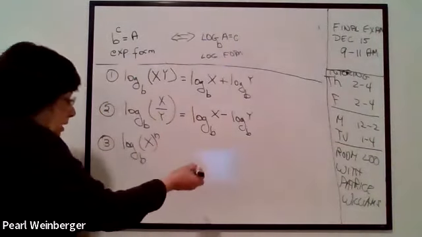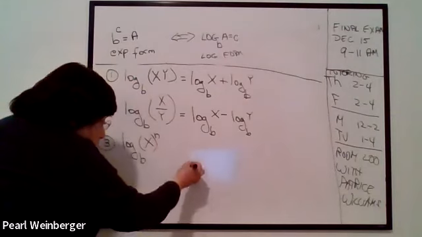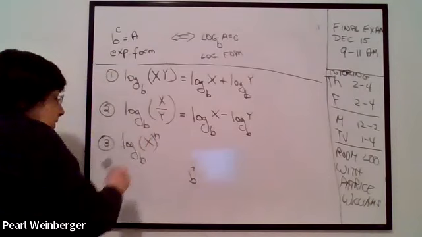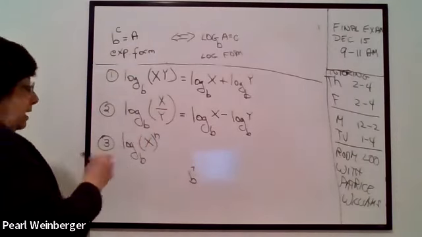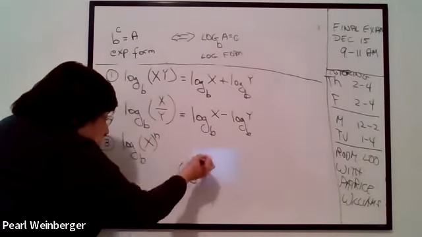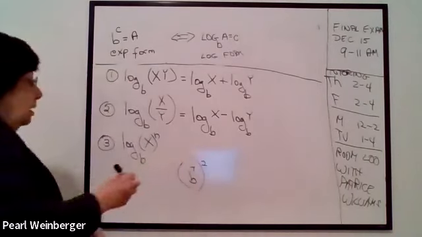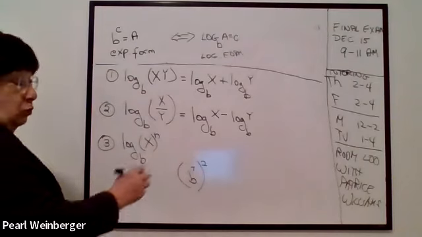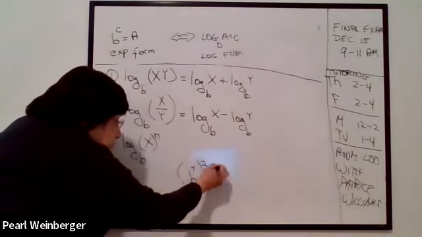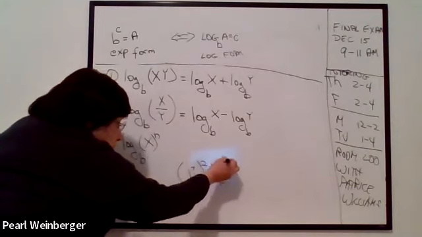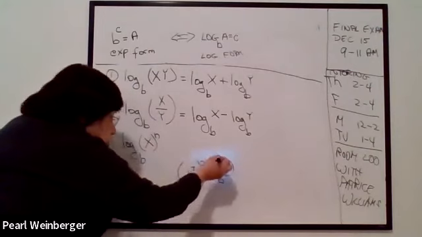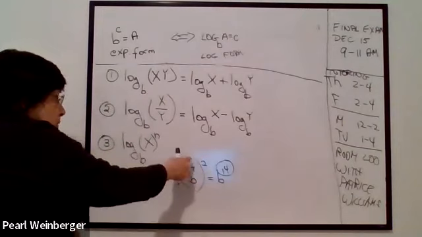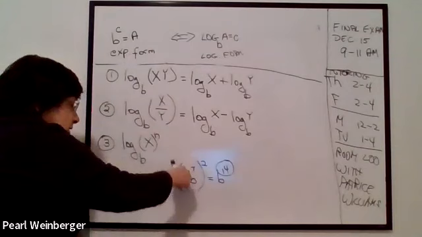In other words, I have some number, let's say b to the 7th is my x, and I'm raising it to another exponent. Let's say we're raising it to the exponent 2. So what do we do to the two exponents? Well, we know we multiply the two exponents. Now remember, the log is just the exponent. So what have I done with this exponent 2 and the log, which was the 7?